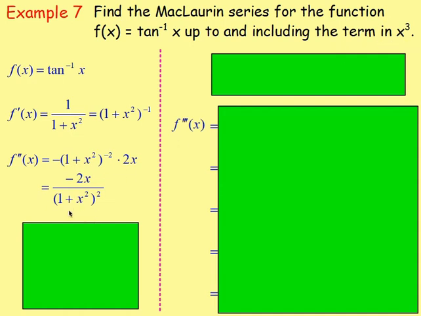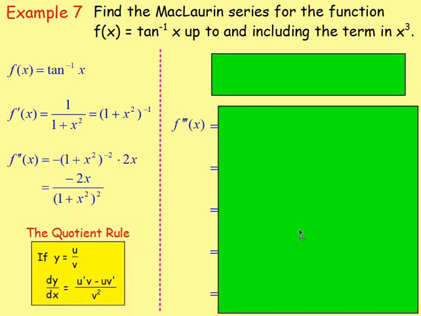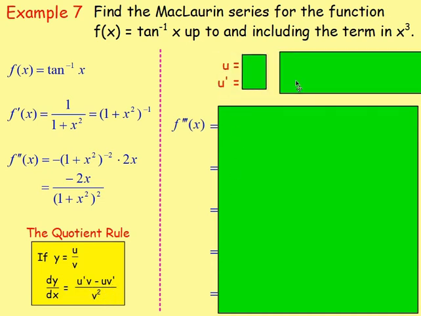So to get the third derivative, how could you differentiate that? What could you do? Brilliant. Well done. You can use the quotient rule because you have a function in terms of x divided by another function in terms of x. So the quotient rule, if you have u over v, it will be u dash v take away u v dash over v squared. So u is going to be what is at the top.